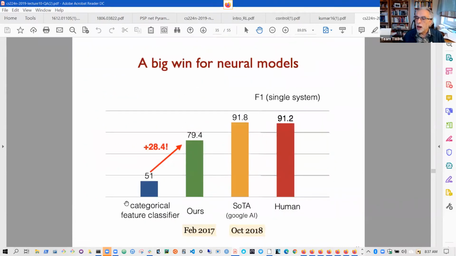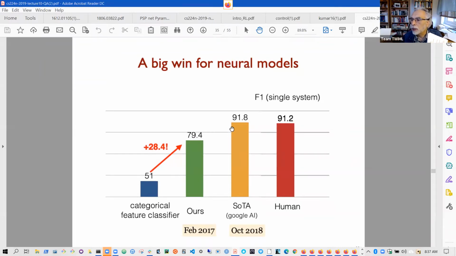Okay, so then he just sort of takes a step back and says, okay, what have we done? Well, here's what you had before neural networks. Remember the simple logistic regression models, simple non-neural network models were able to get a score of 51 on the, I'm not sure whether this is SQuAD 1.1 or SQuAD 2, but all of a sudden when you bring neural networks into the picture, they make this huge improvement.